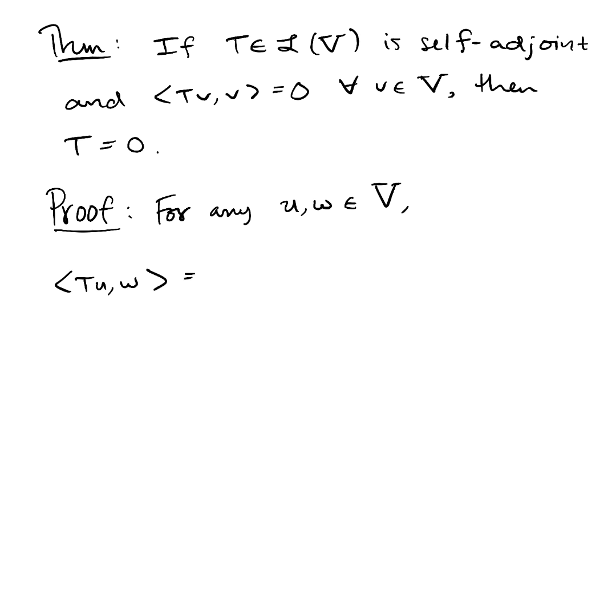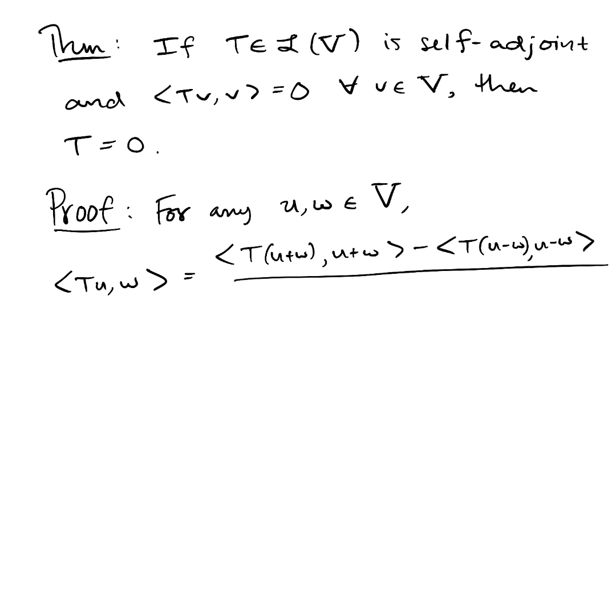We tried to write this as some big expression involving only inner products of T of stuff, comma stuff. Well, it's kind of the same here. So I think we're going to write inner product of T of (u plus w), comma (u plus w), take away inner product of T of (u minus w), comma (u minus w), all over 4.